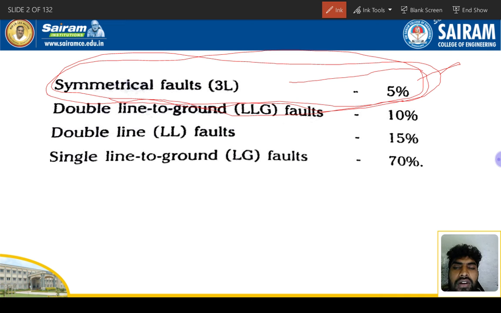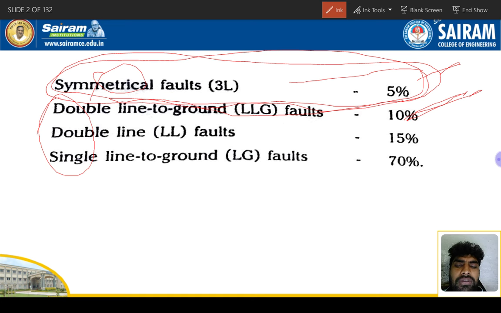Next, the double line to ground fault has only 10% occurrence. This is also somewhat dangerous among the unsymmetrical faults. And then the line to line fault.